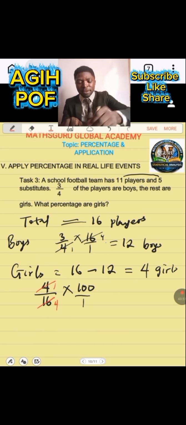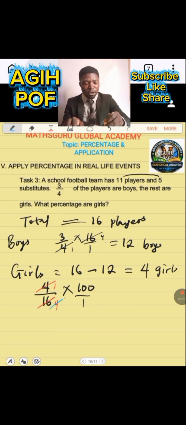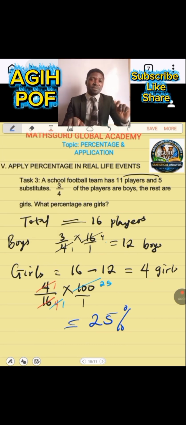Again, we can say 4 in 4, 1. 4 in 100, 25. So the final answer is going to be 25%. So the percentage of the players that are girls is 25%.